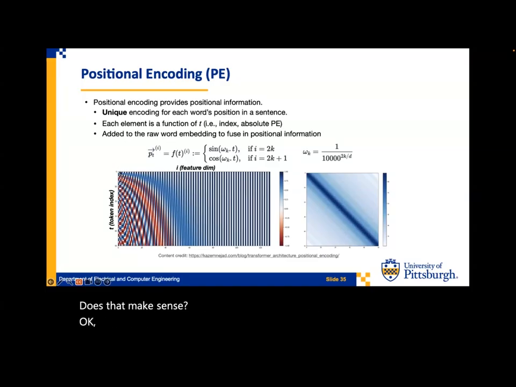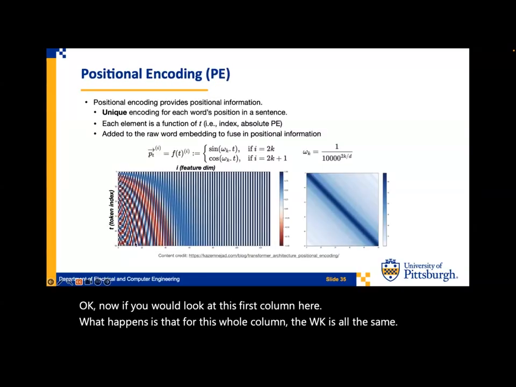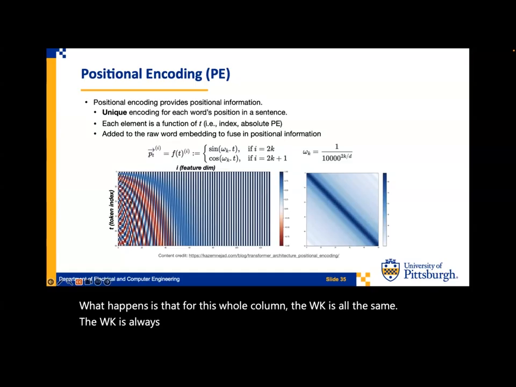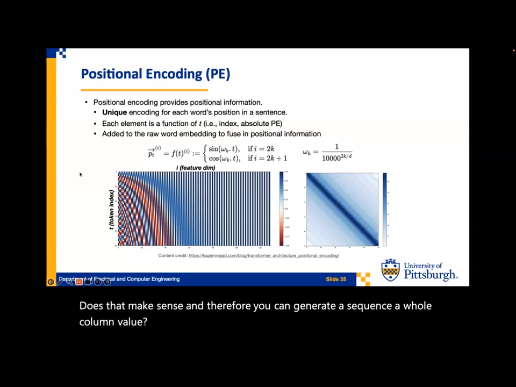Okay. Now, if we look at this first column here, for this whole column, the wk is all the same. The wk is always the same for the first column, but the t keeps changing. Does that make sense? And therefore, you can generate a sequence of whole column values. But what is the meaning here?